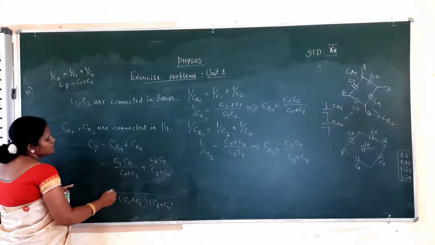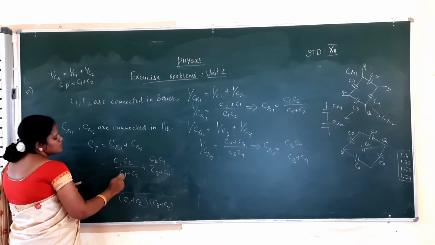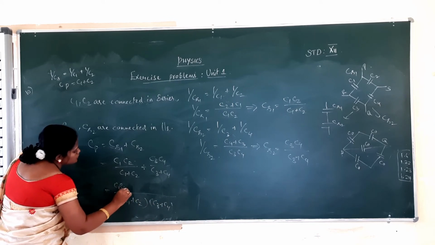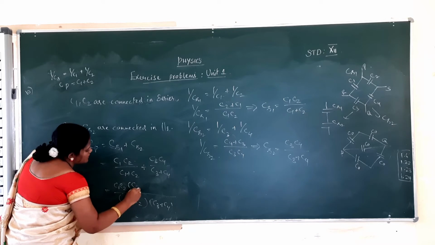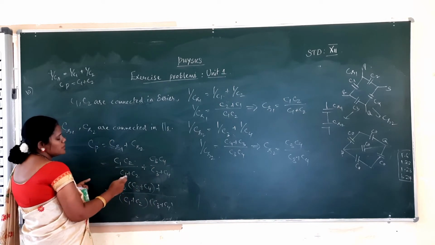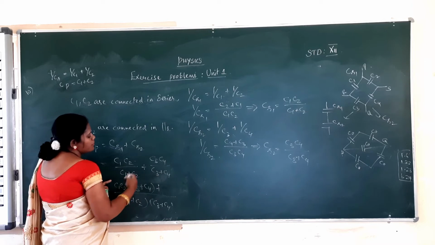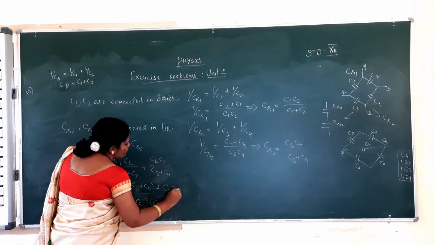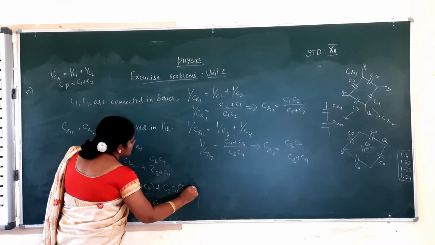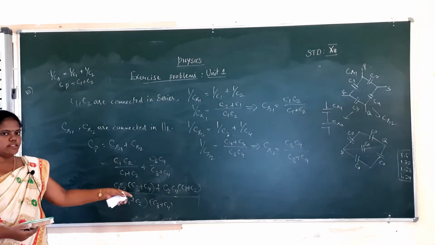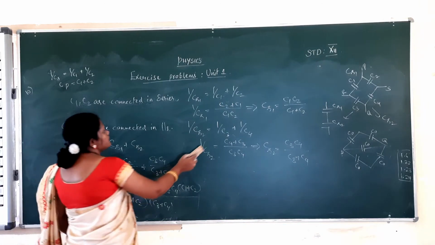This term C1 plus C2 is not there in the first term, so we have to multiply C1 C2 by C3 plus C4. And C3 C4 is multiplied by C1 plus C2. So we multiply all the terms and get the answer.